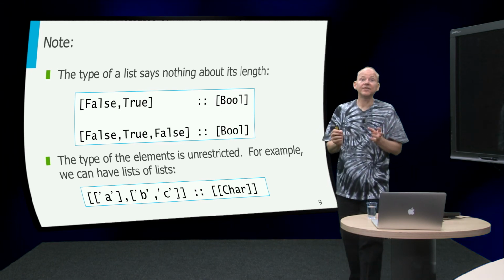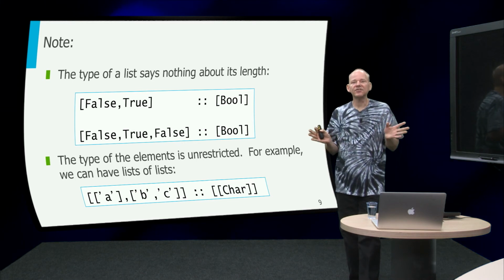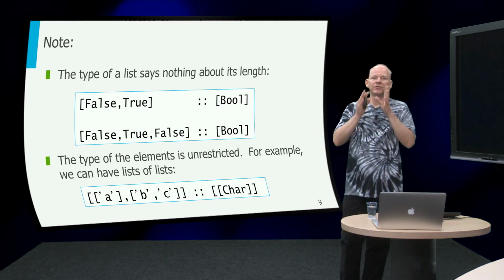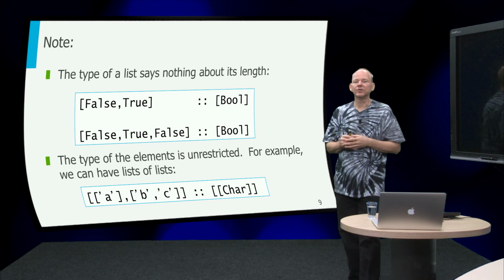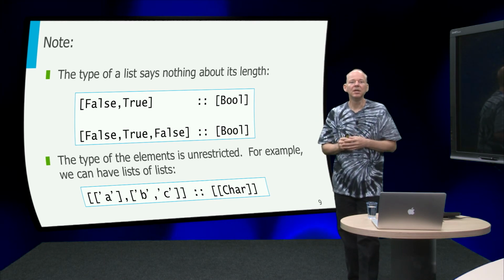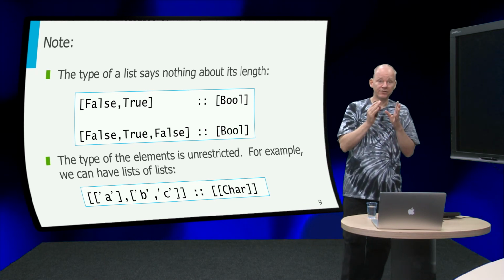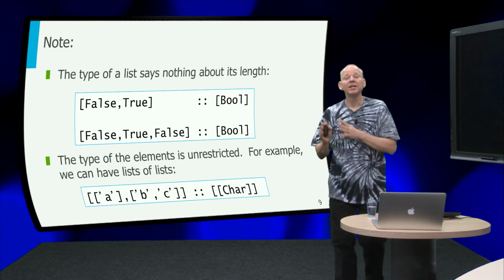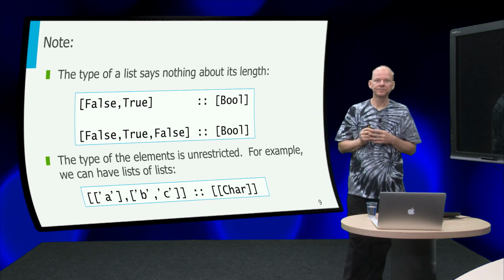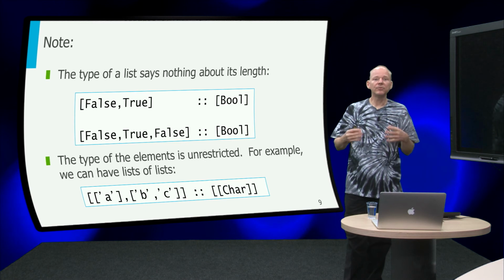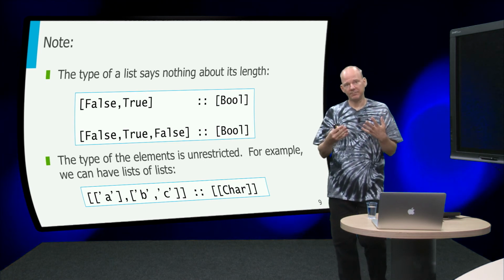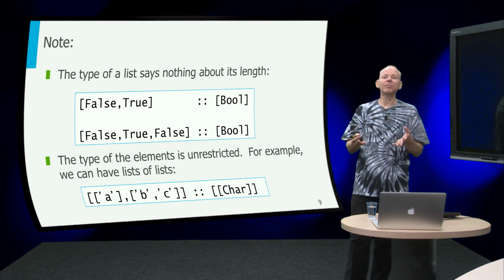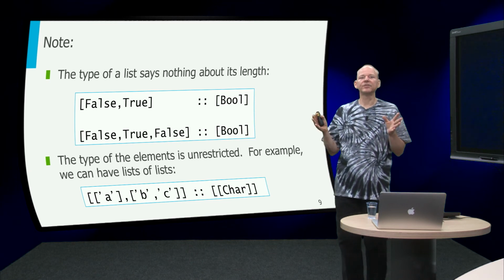Now note that the type of a list doesn't say anything about its length. So if we have the list False, True, it has type list of Bool. And if we have the value False, True, False, it also has type list of Bool. And also, the types of these elements can be arbitrary as long as they're all the same.